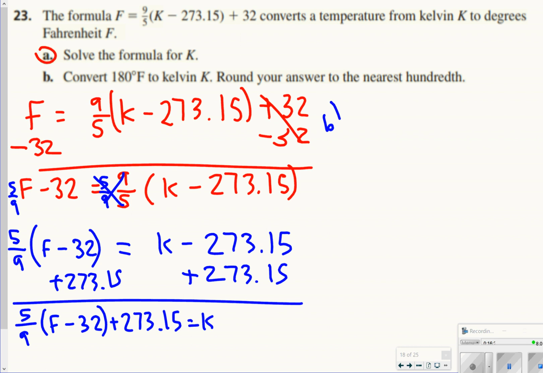So for letter B, it says convert 180 degrees Fahrenheit to Kelvin.